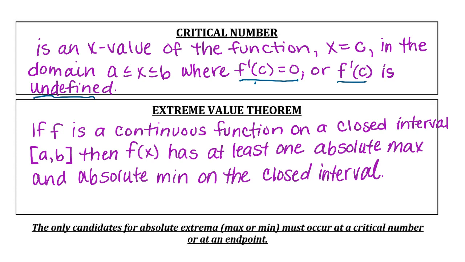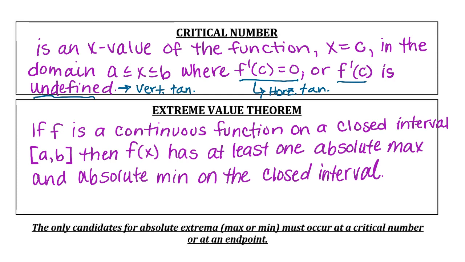Now, if the derivative is equal to 0, that means we have a horizontal tangent, and then undefined means we have a vertical tangent. In other words, we have a sharp point there. The horizontal tangent means that we have a rounded change of direction, and undefined is a sharp change in direction.